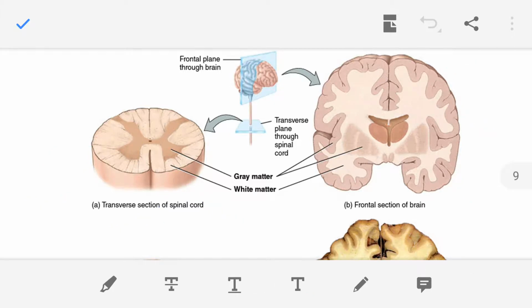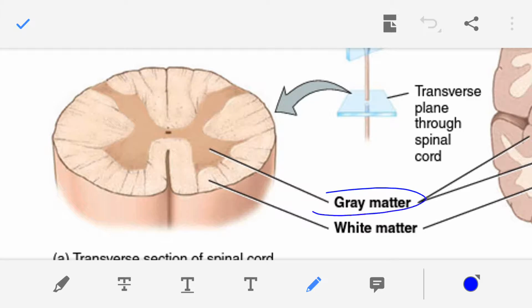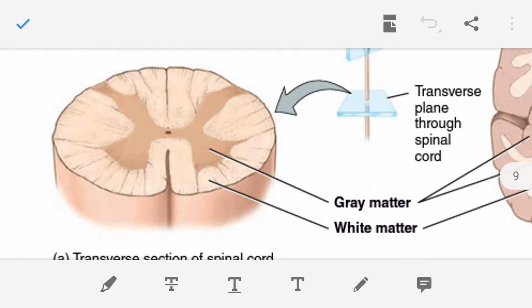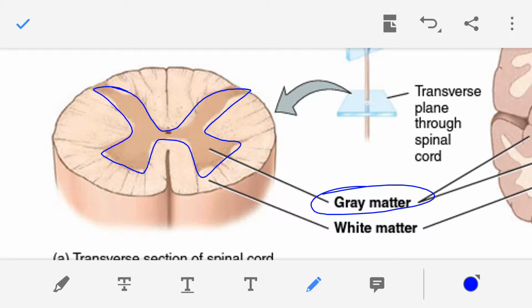Now the shape of gray matter in the spinal cord looks like the letter H. Or the gray matter appears like a butterfly.